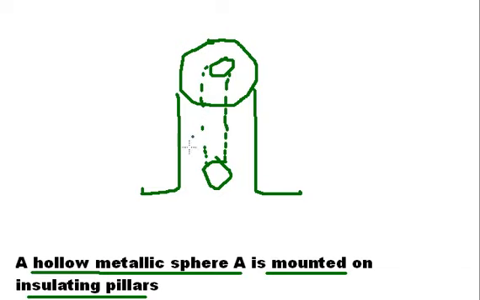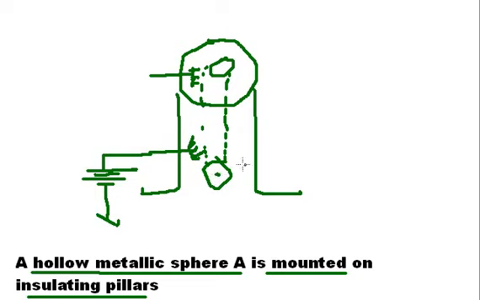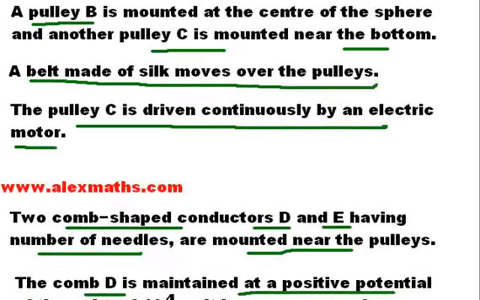There are two sharp comb-like metallic conductors, E and D. D is connected to the positive terminal of a battery and its negative is grounded. And there is an electric motor which drives the pulley C. So these are the things we discussed.